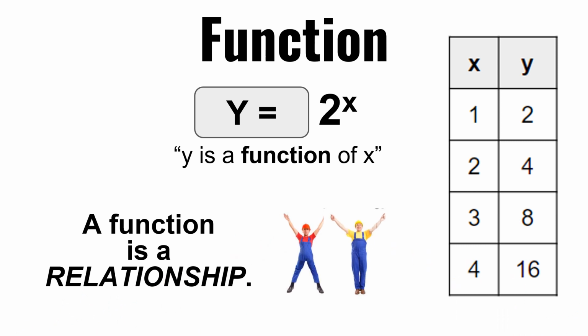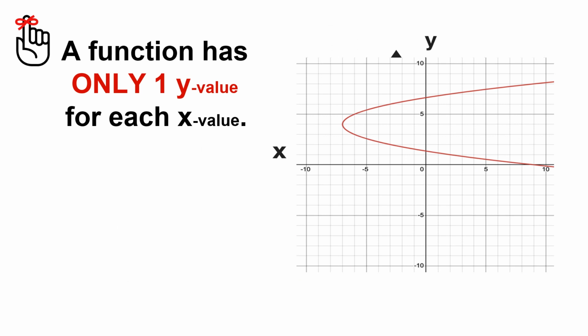And a function is only a relationship. It shows you that when you change x, y changes as a response. And again, we're going to think y equals for our functions. Keep in mind, a function has only one y value for each x value.